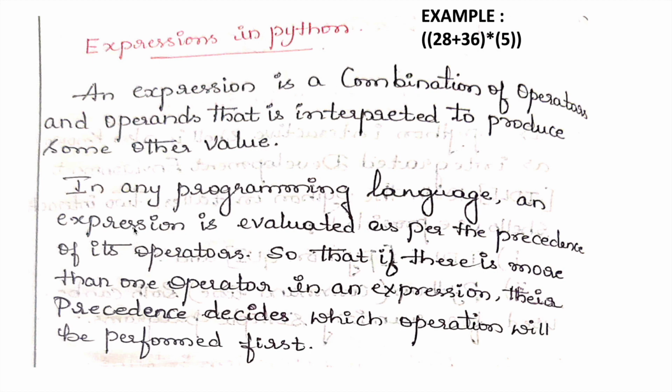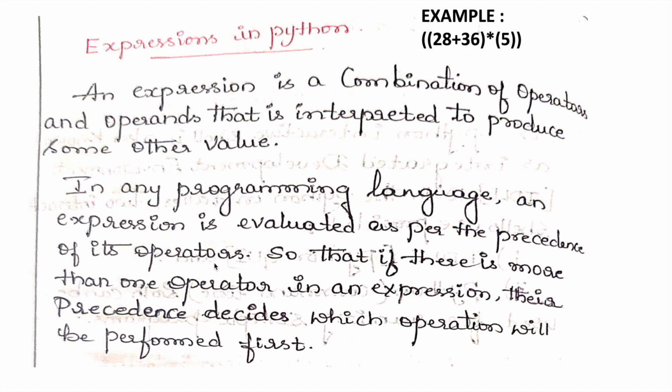But the only important thing you should know here is that the expression is evaluated as per the precedence of its operators. Precedence means based on the importance. Every operator has some precedence. Based on that precedence, the expression is going to be evaluated.